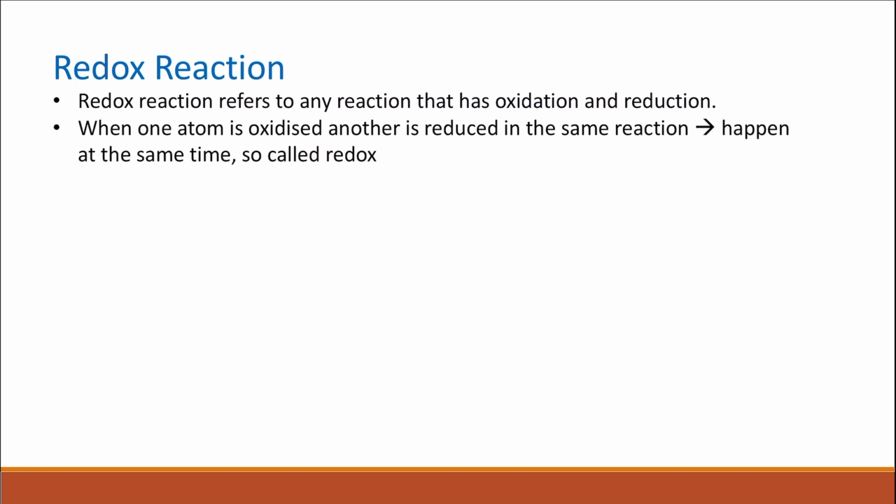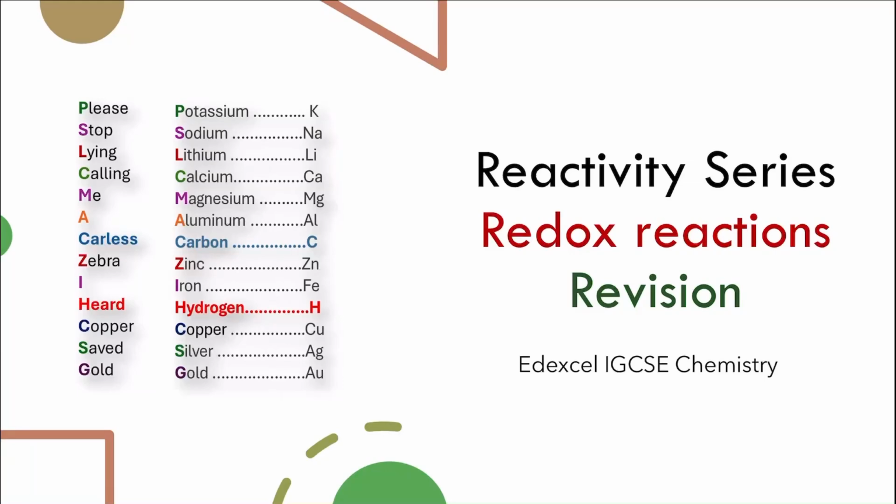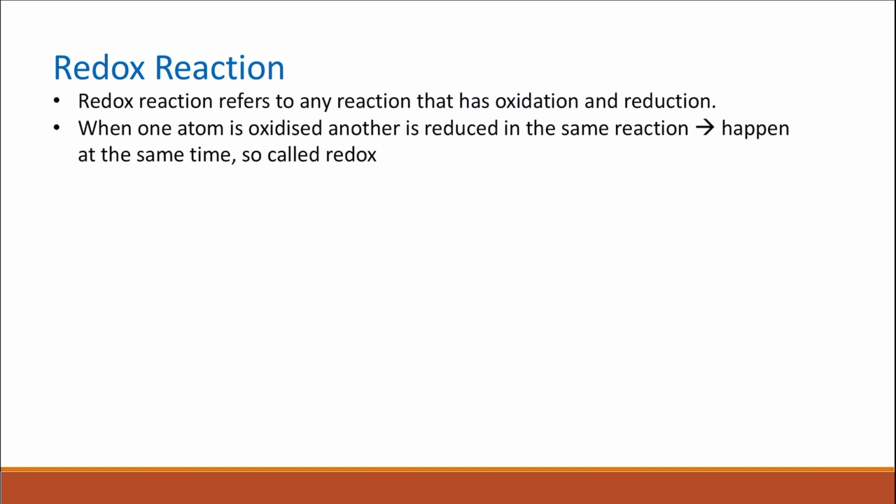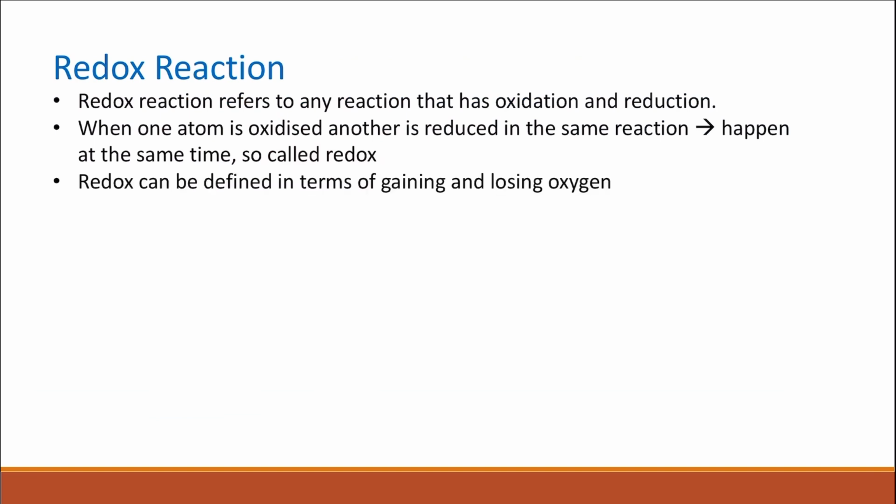When one atom is oxidized in a reaction, there must be another atom that has been reduced in the same reaction. So oxidation and reduction always take place in the same reaction. This is called redox reaction because it has oxidation and reduction at the same time.